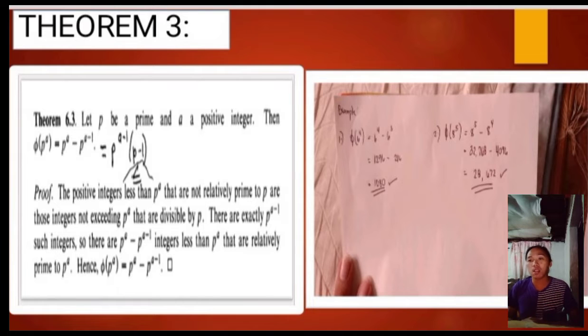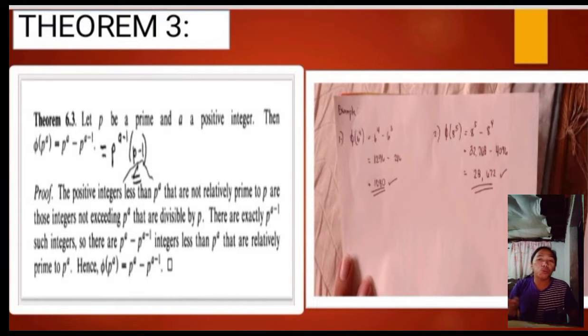Then let us subtract: 32,768 minus 4,096 is equal to 28,672.